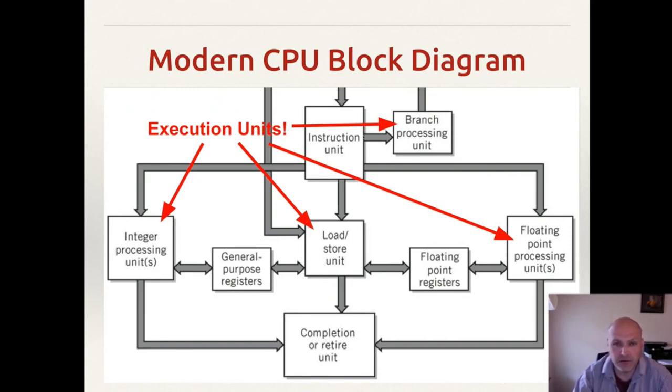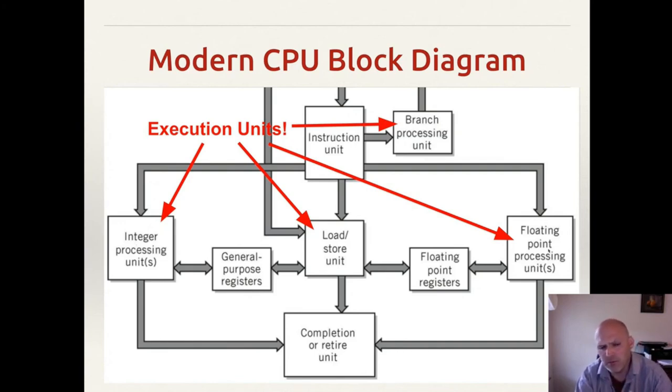For example, if the decode is a branch, it gives it to this branch processing unit, which is specially engineered to deal with branches as efficiently as possible. We also have a load store unit, a way to offload the logic of moving things into and out of registers. And then we have specialized integer processing ALUs, floating point ALUs, etc.